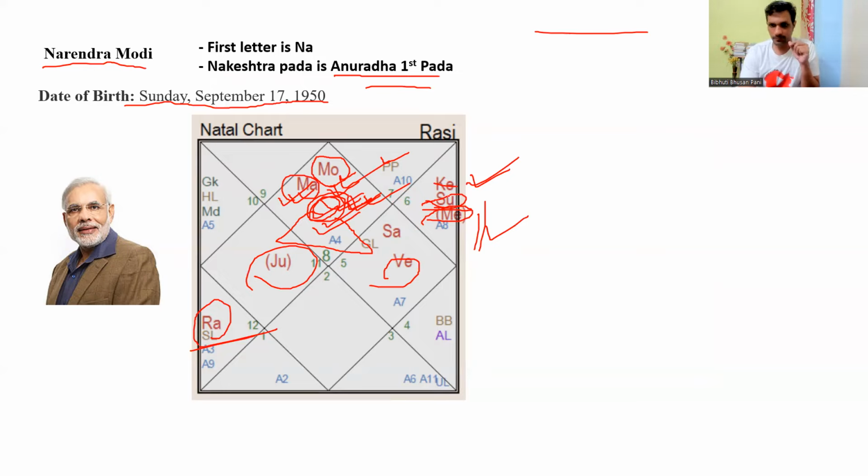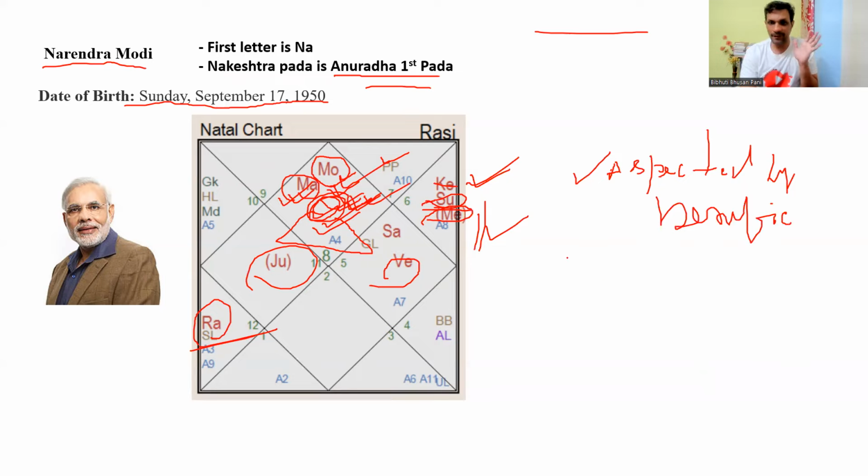What I mean to say is, if the Nama Rashi is aspected by a benefic, it is good, especially aspected by Jupiter, the Jiva. It's very good. If they are aspected by malefics, it is bad.